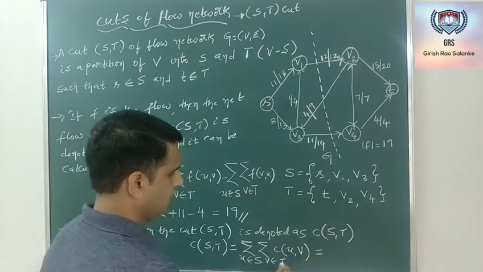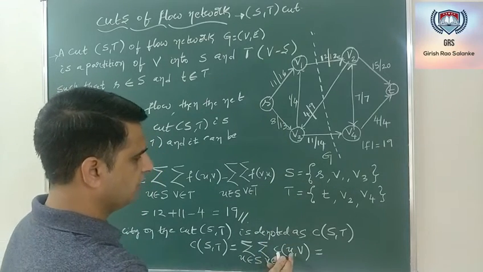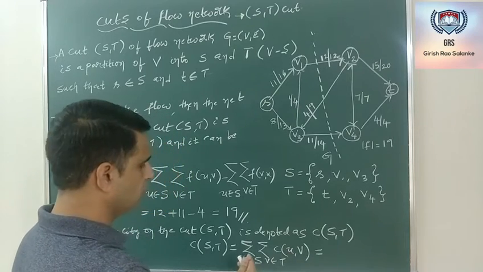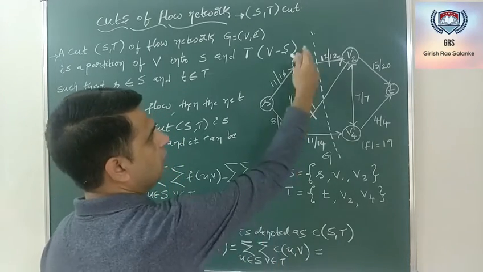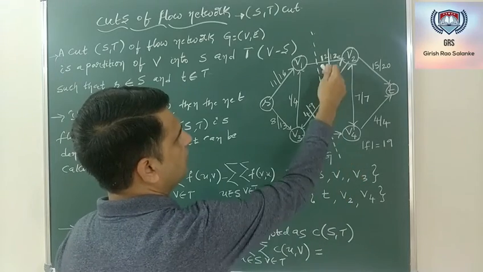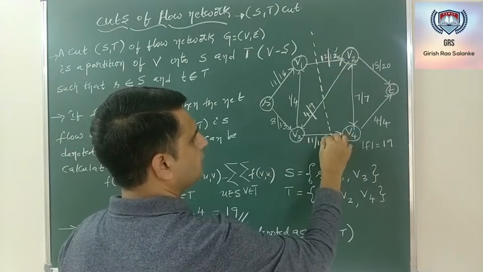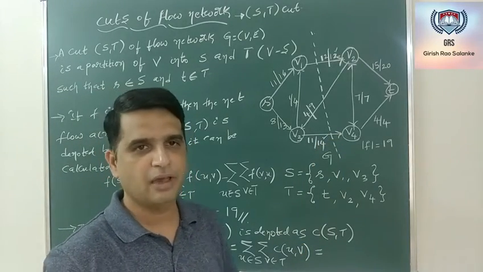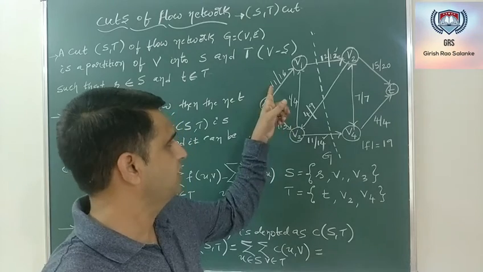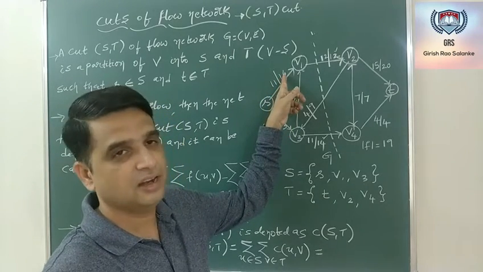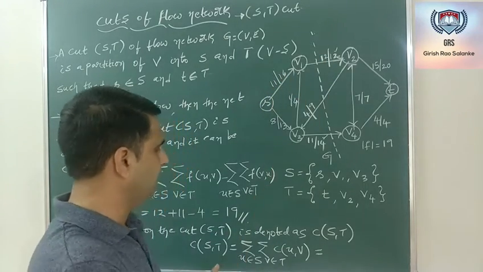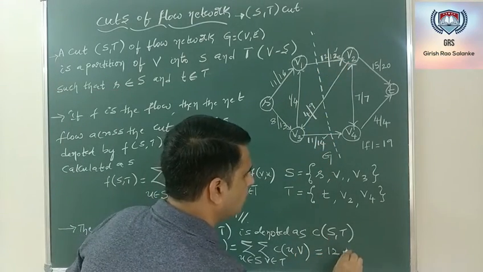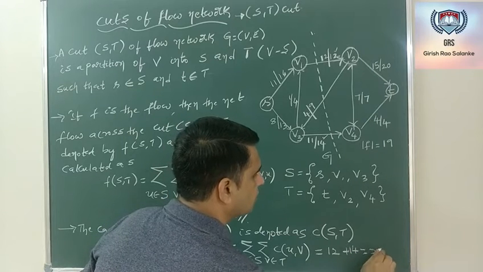You should consider the capacities associated with the edge UV, wherein U belongs to S and V belongs to T. In this, there are two such capacities, this one and this one. If you remember, while solving the Ford-Fulkerson algorithm, I used the convention of the first integer as the flow and the second integer as the capacity. Now, to calculate the capacity of the ST cut, I should consider the capacity. It is 12 plus 14, which is 26.